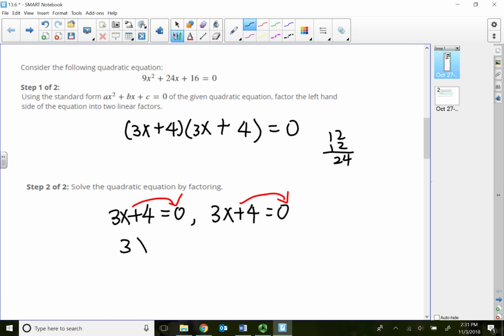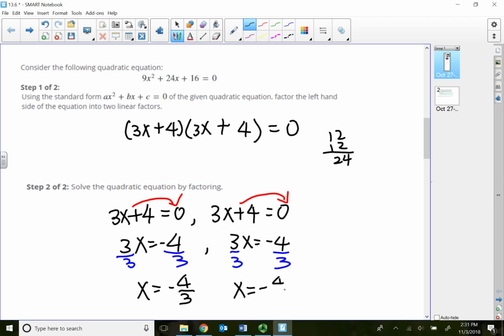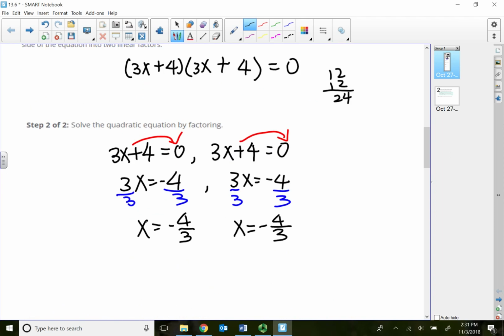That gives me 3x equal to negative 4. All right, divide both sides by the coefficient 3. My answer: x equal to negative 4 over 3. So as you can see, both of these answers are exactly the same. So what is my answer? My answer is only negative 4 over 3.